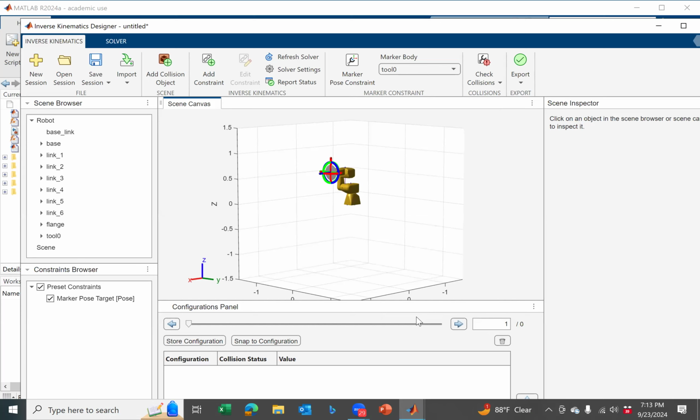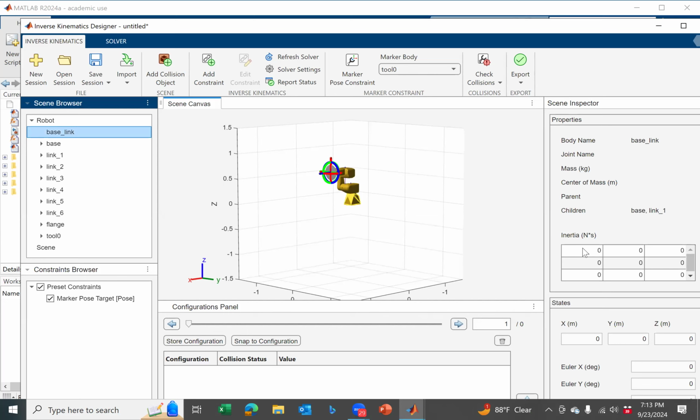Now let's go step by step. Please note that the 0th frame is located at 0, 0, 0. The base link, this is the base. Now, please note this robot does not have any inertia. So that's why the inertia tensor is 0.